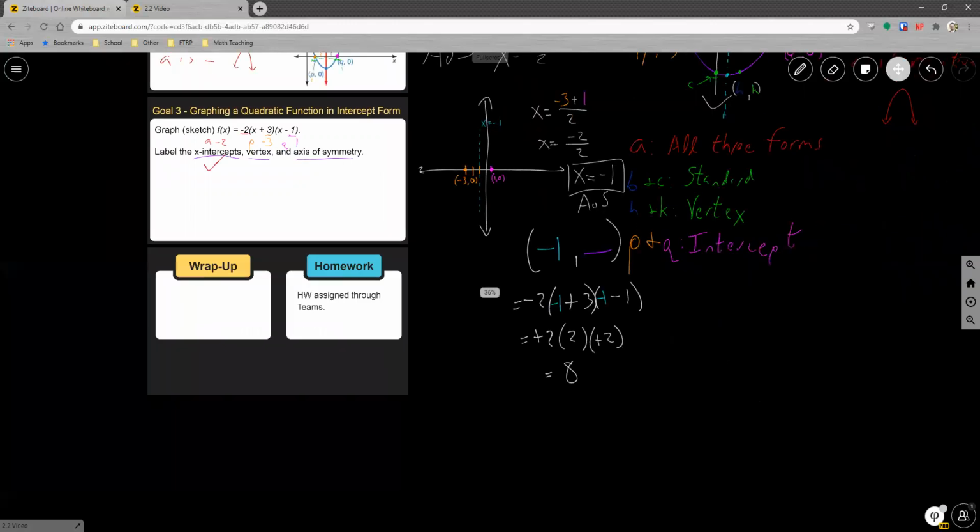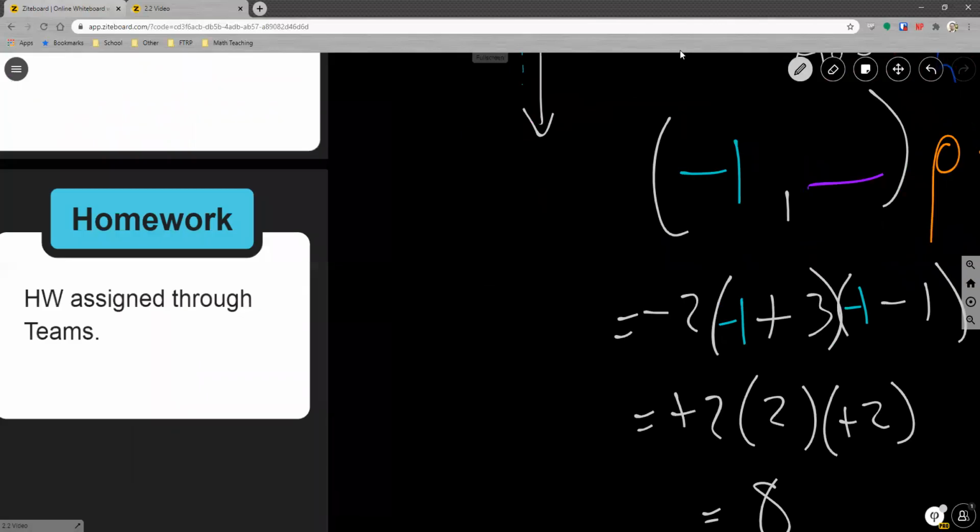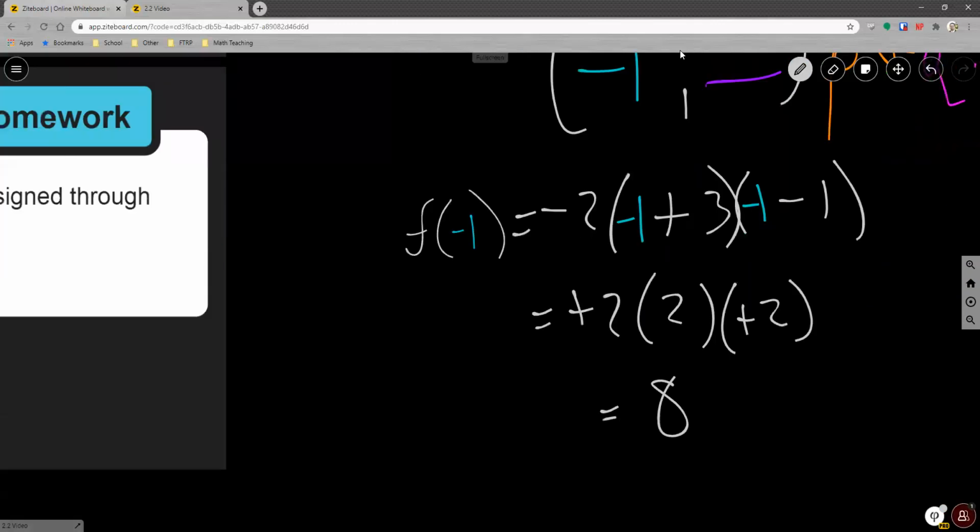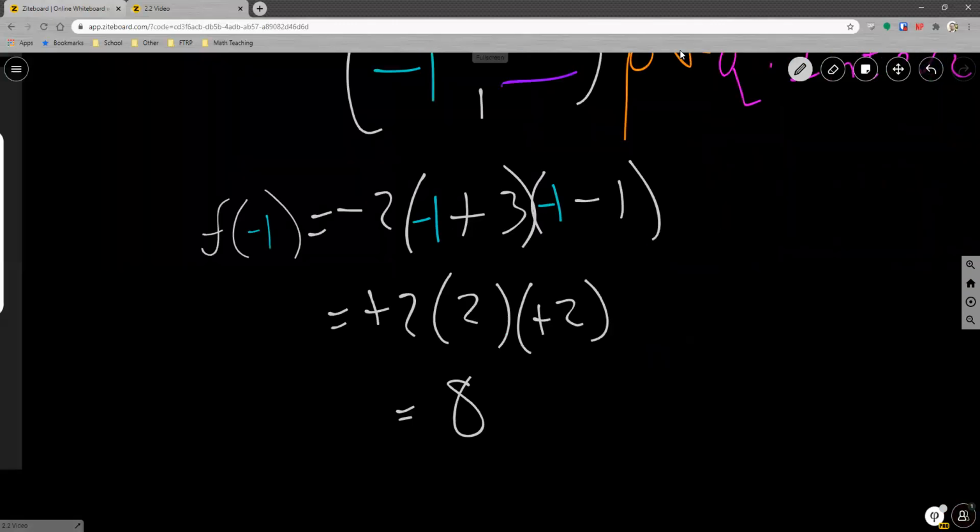So in this function f of x, when I evaluate the function at -1, I get -2 times -1 plus 3 times -1 minus 1, which gives me +8.